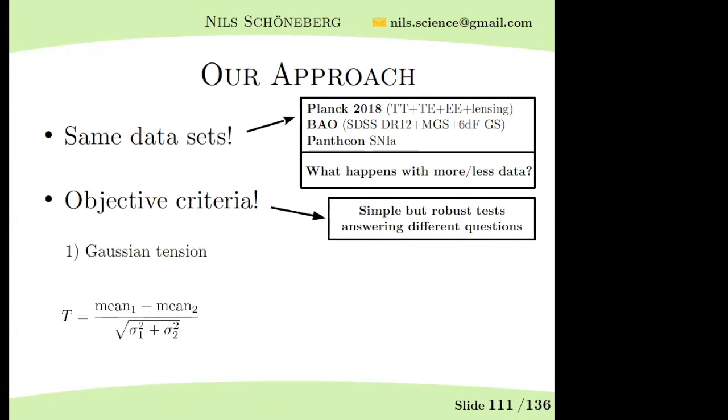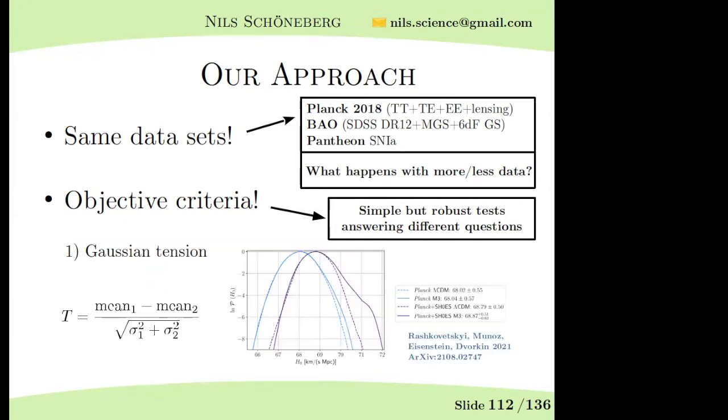You can either have the Gaussian tension that is very often used if you have two mean values and two sigma error bars. You can do this very easy estimation of the tension. However, this does not work in a lot of these models that are early universe solutions, because many of them have very asymmetric posteriors. Why is this?